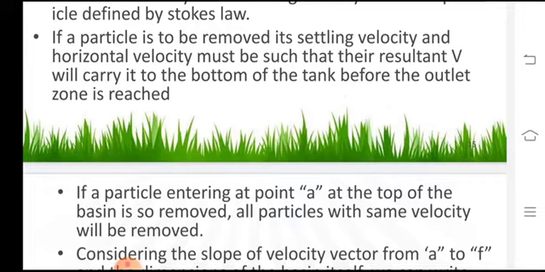If that resultant vector is falling in the sludge disposal zone which is at the bottom, and if that resultant is falling up to the end, which is end of the tank, in that case, that particle will be removed from the wastewater. Otherwise it will keep suspended in the wastewater.